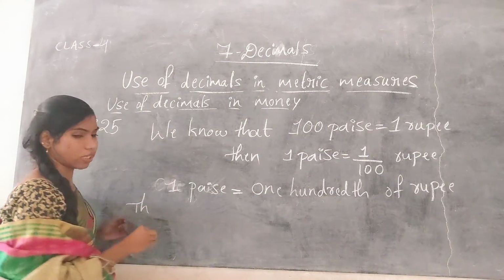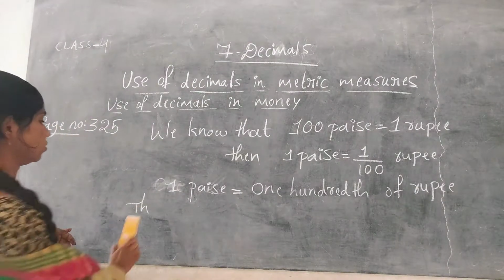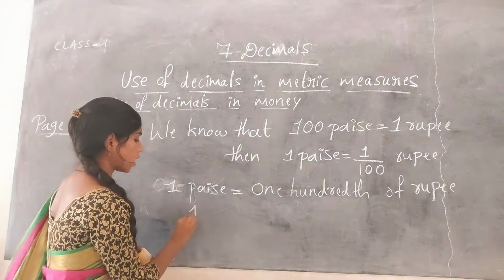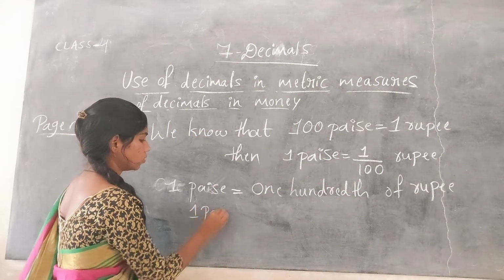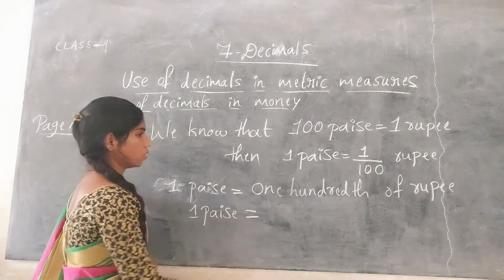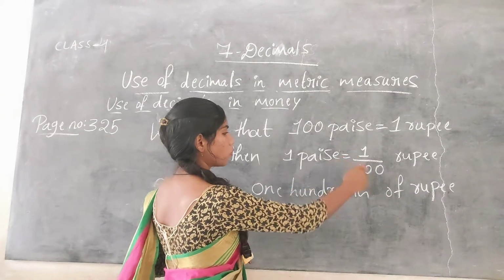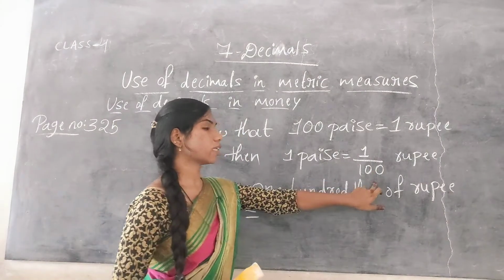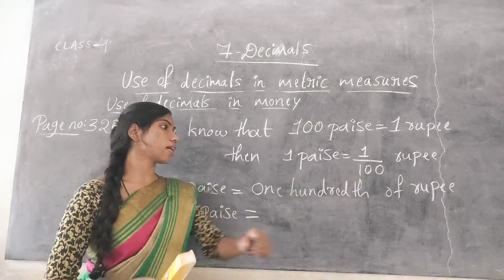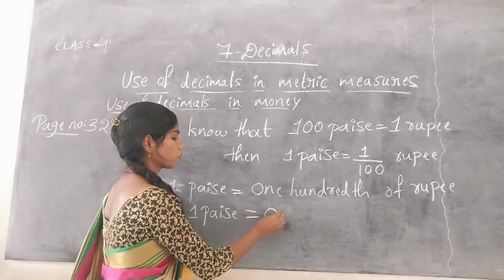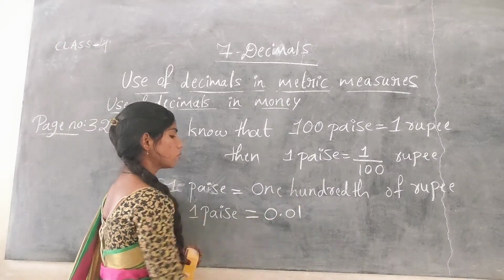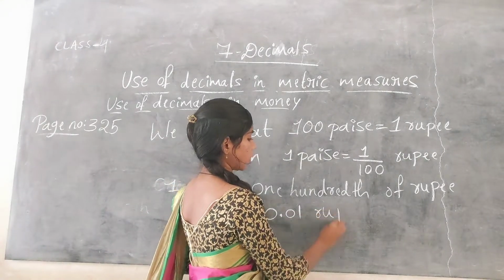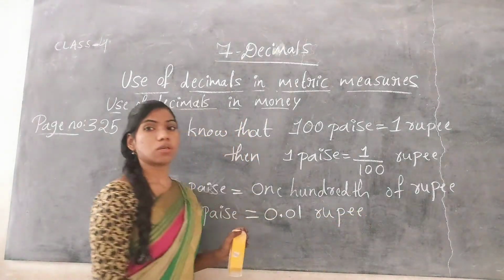Thus, this 1/100 we can write in decimal as 0.01 rupee.